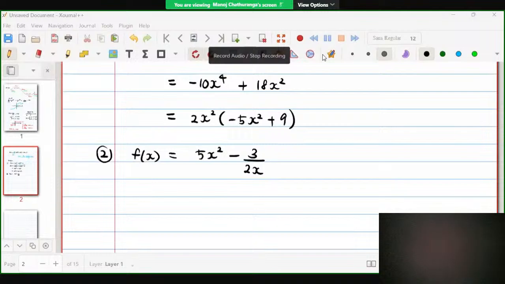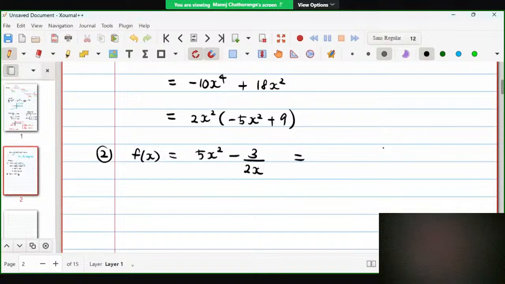I have received lots of answers, but still something is missing in every answer. So let's think about this. To see things clearly, let me rewrite the function because a lot of people are having trouble with this x over here.